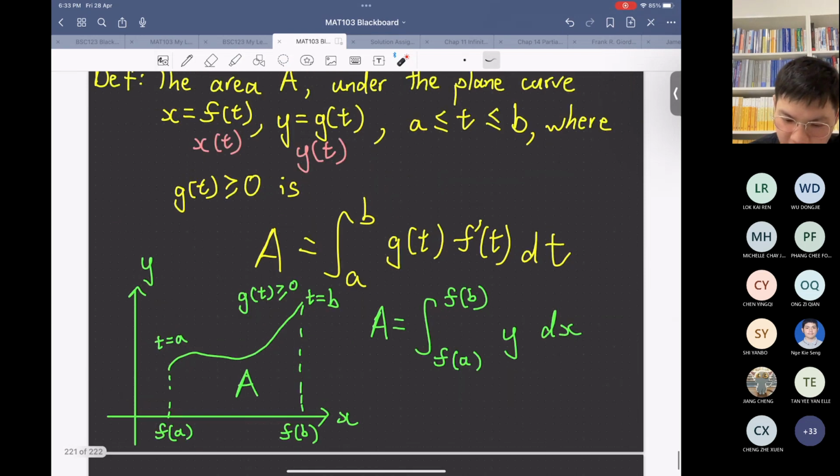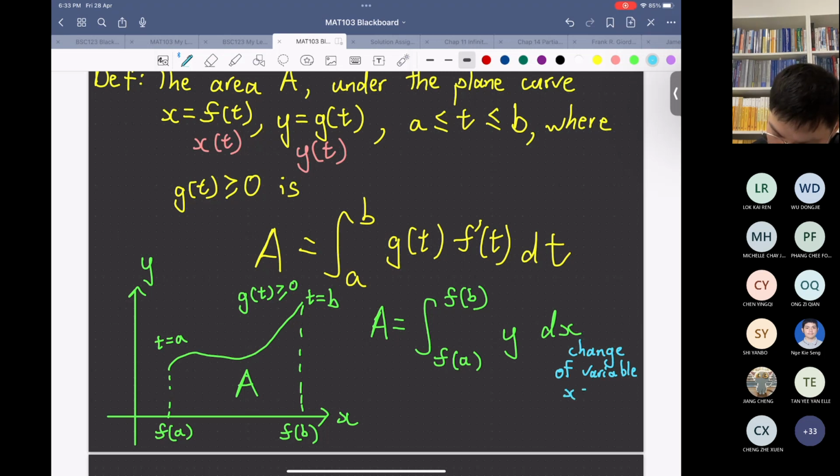We want to change from x to t. So change of variable x equals to f(t). So in this case, our dx becomes f prime(t) dt, right?